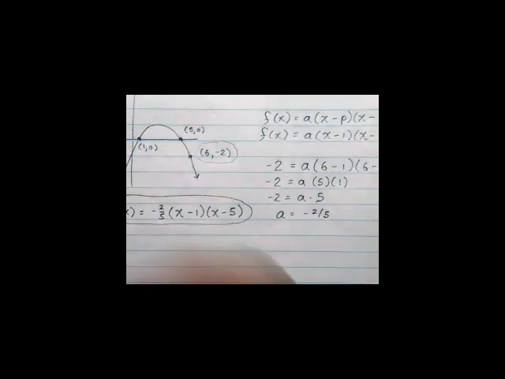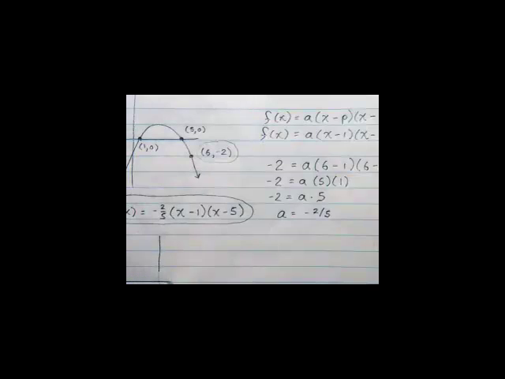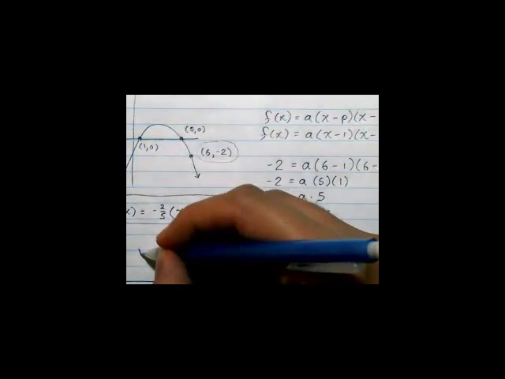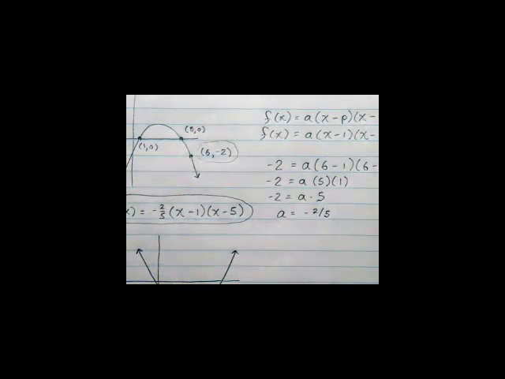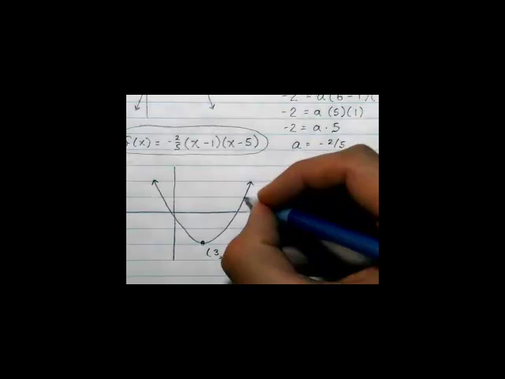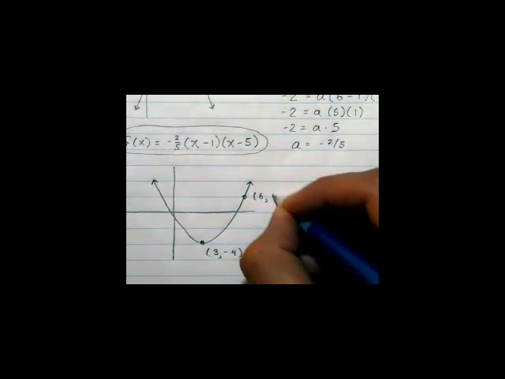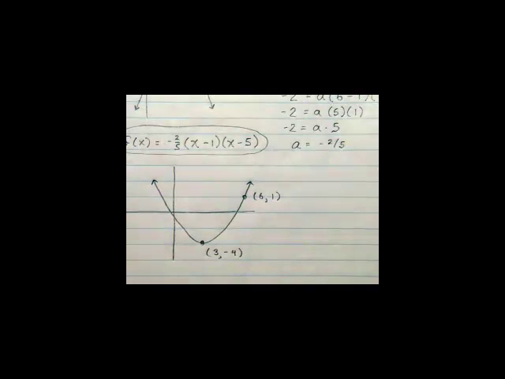All right, let's try another one. Say we've got this one. This point down here is at 3, -4. And there's a point up here that is maybe 6, 1.